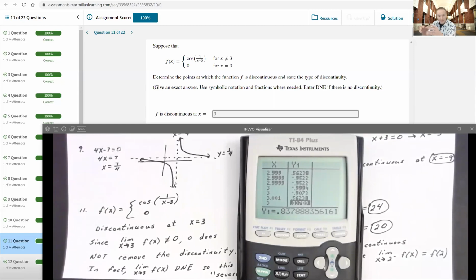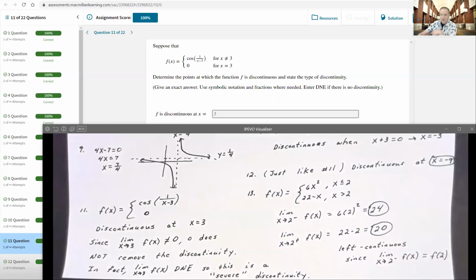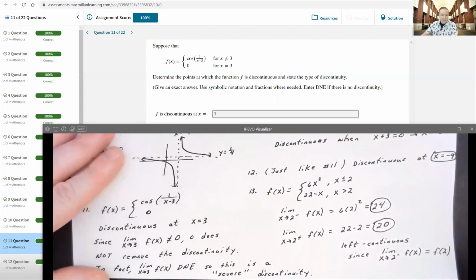This is a different type of more complicated discontinuity, which Achieve just calls a severe discontinuity. So it's not one of our typical cases where we have a jump discontinuity, an infinite discontinuity, or a removable discontinuity.